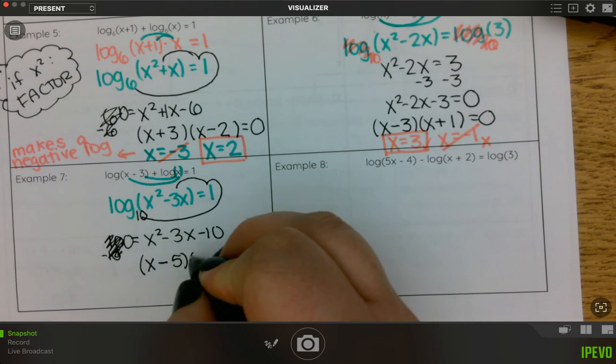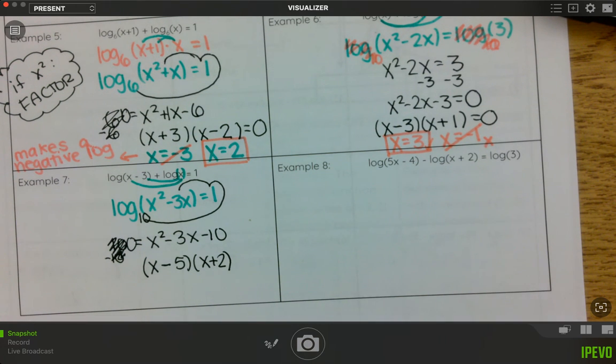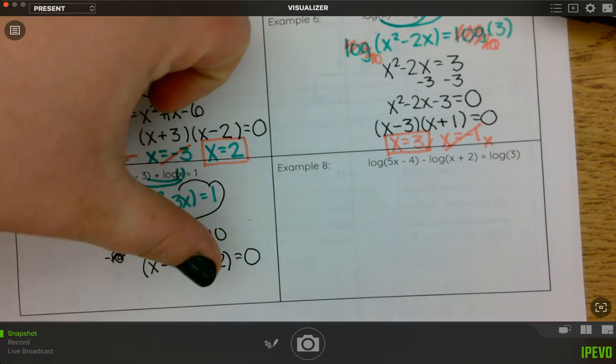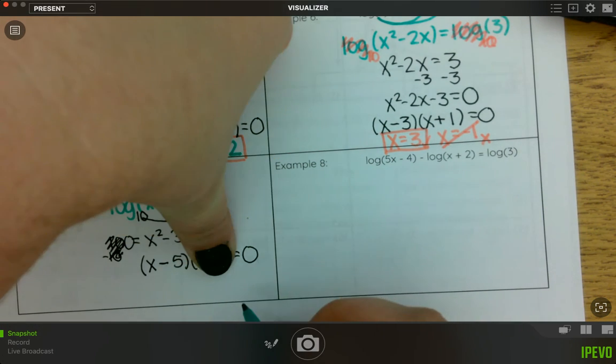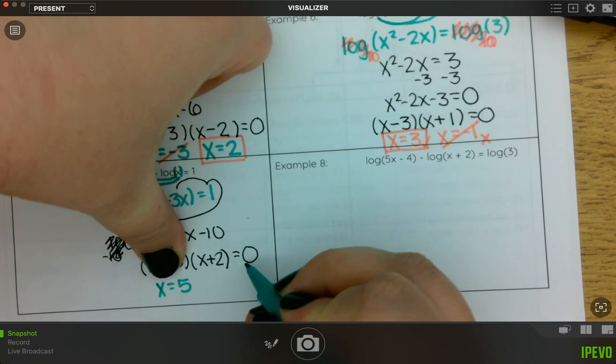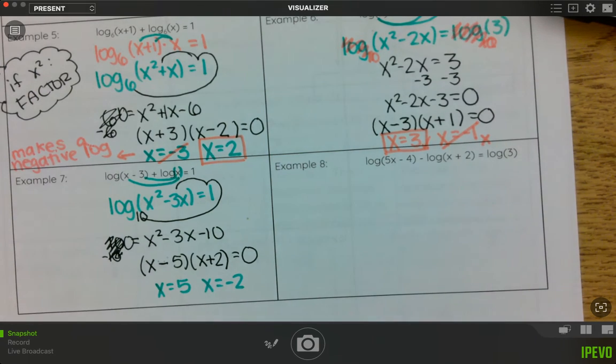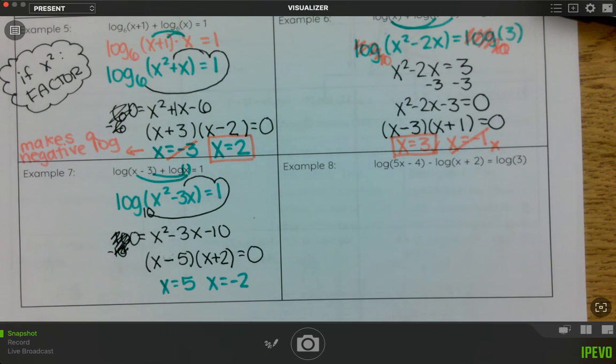Negative 5 plus 2. And then my two answers are going to be, add the 5 over, x equals 5, subtract the 2 over, x equals negative 2. And we have to go check and make sure both of these work.